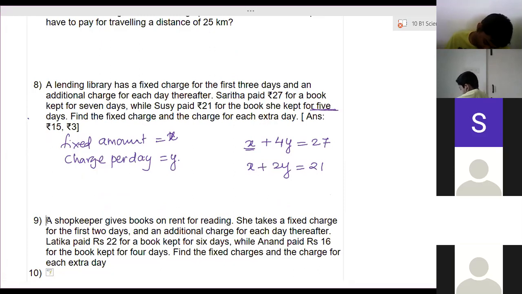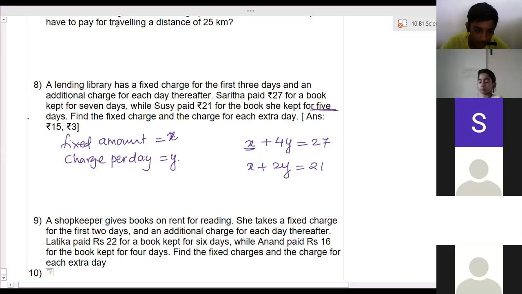Yes, the charge per day is 3 rupees, and the fixed charge for the first 3 days is rupees 15. I think you can solve the next one in a similar way. The 9th one is exactly similar.